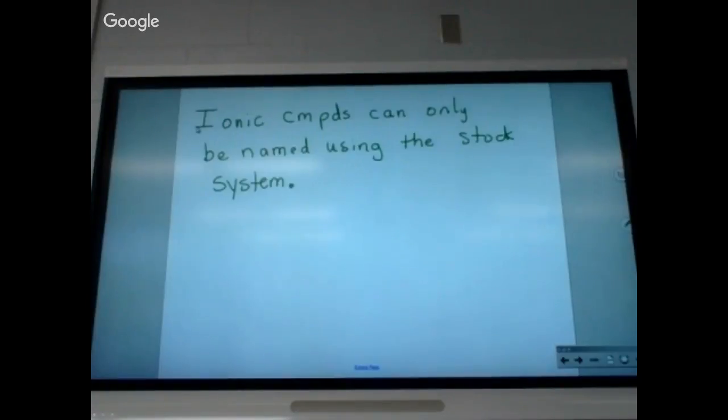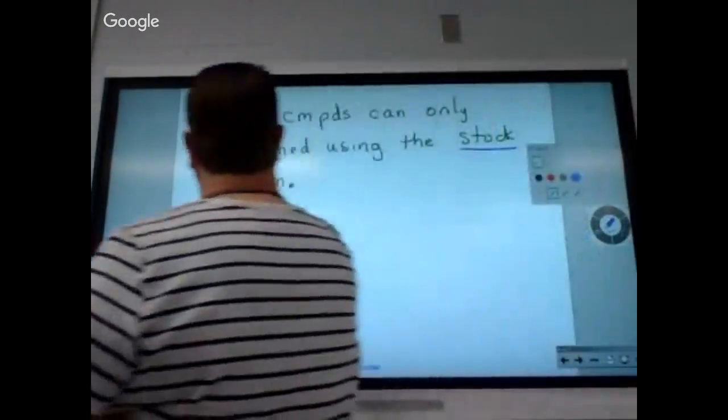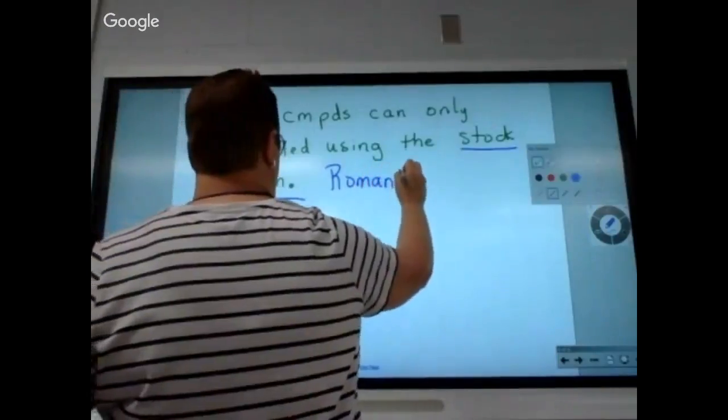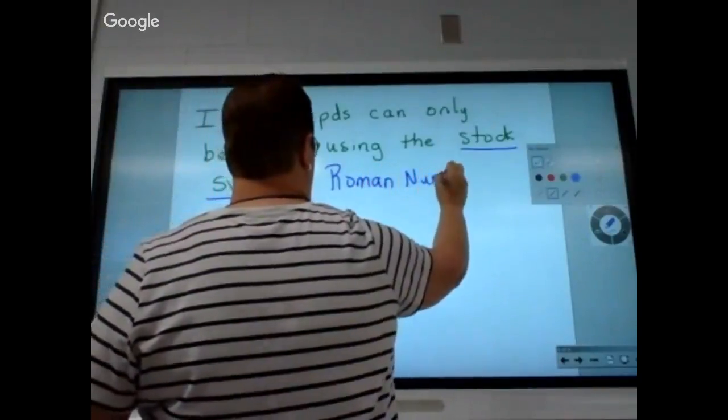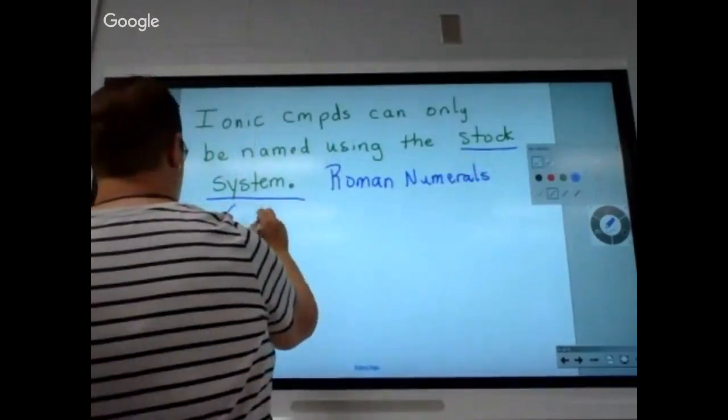Now, ionic compounds can only be named with the stock system. Now, what is the stock system? That's right. Every time I use the word stock system, you got to think Roman numerals. Roman numerals are essentially oxidation numbers.